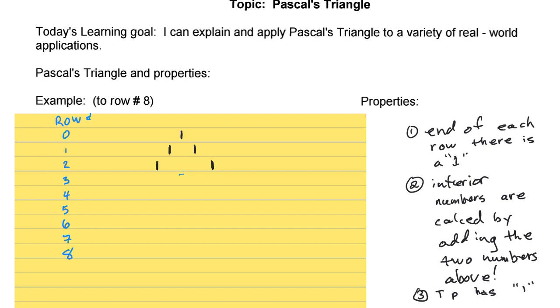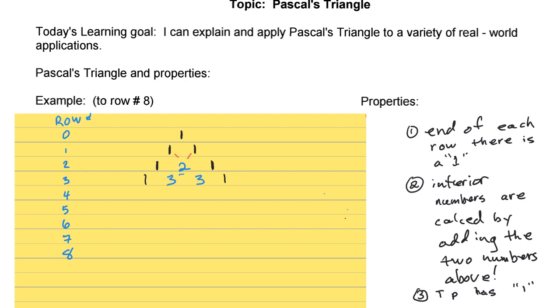So in that case, we take 1 and 1 and add them to get 2 in the center. And now we set up our next row. 1 and 1. And we have to add up the numbers directly above to get the internal numbers. So in this case, 1 plus 2 gives 3, and 2 plus 1 gives 3 again.